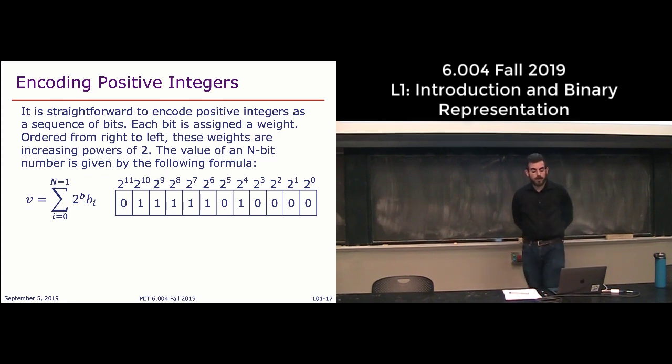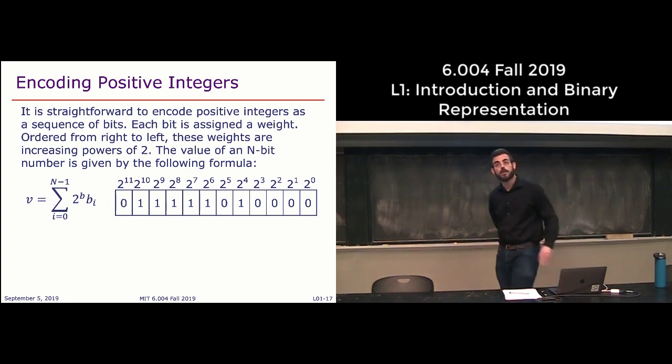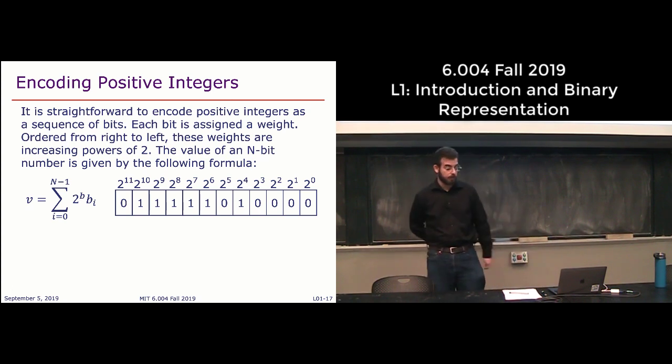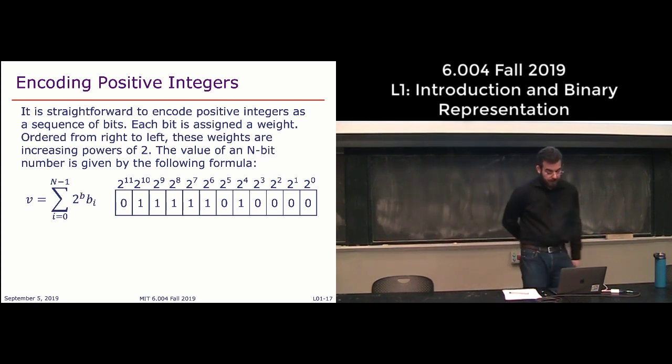The way we do this is we assign each bit a weight. As you see here, bits have an associated weight, and going from right to left, weights are in increasing powers of 2. So for example, the 11th digit here, counting from 0, has weight 2 to the 11.